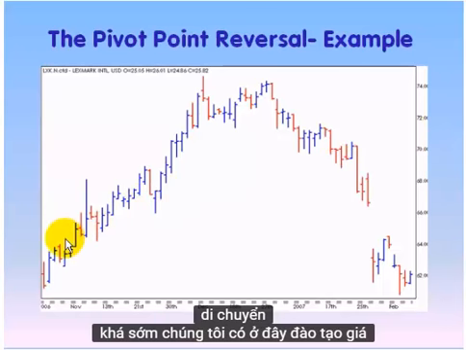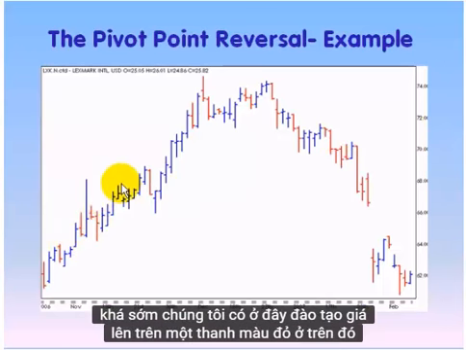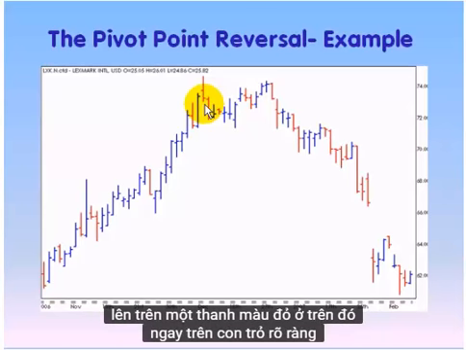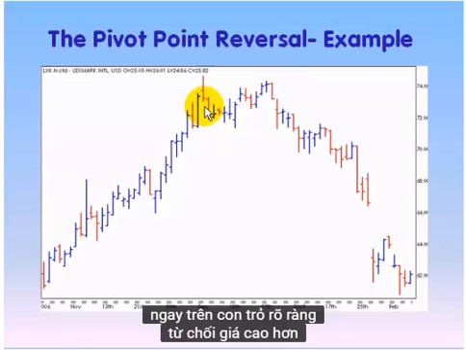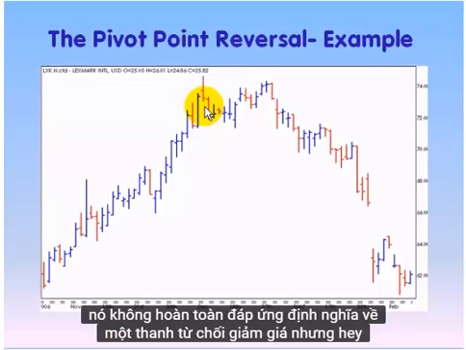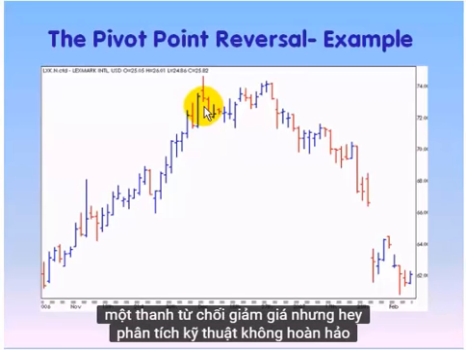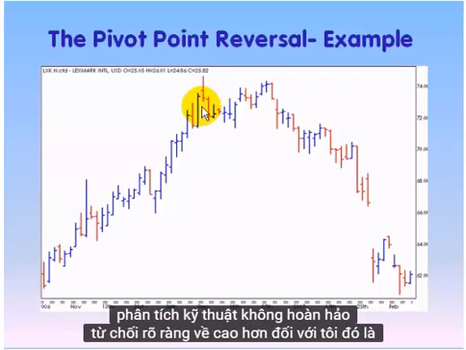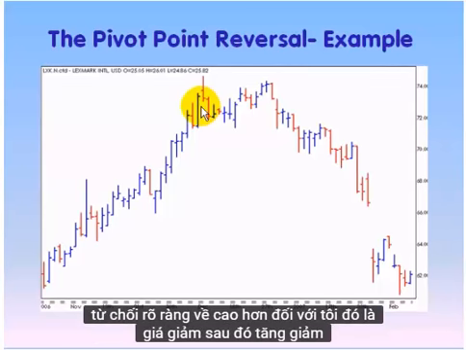We have here price trending upwards to a red bar at the top there, just above the pointer, that clearly rejects higher prices. It doesn't quite meet the definition of a bearish rejection bar, but hey, technical analysis is not perfect. It's clear rejection of higher. For me, that's bearish.